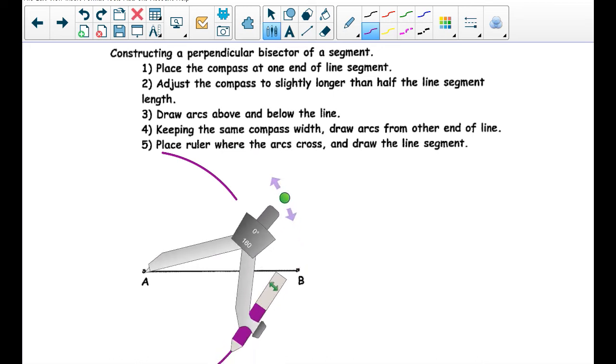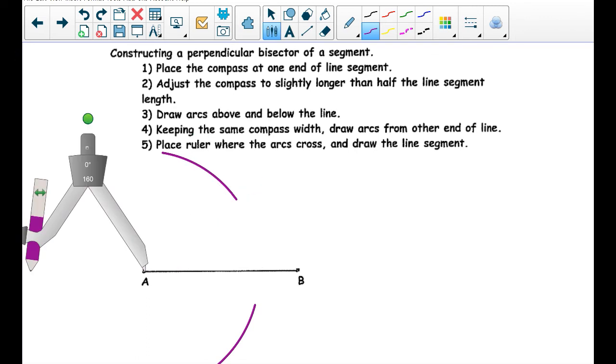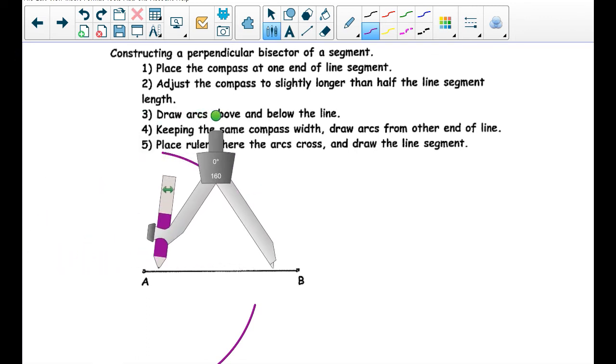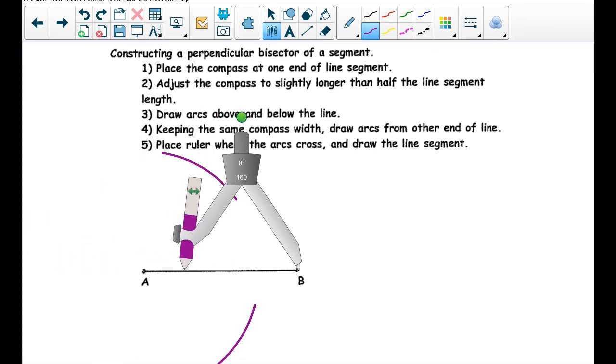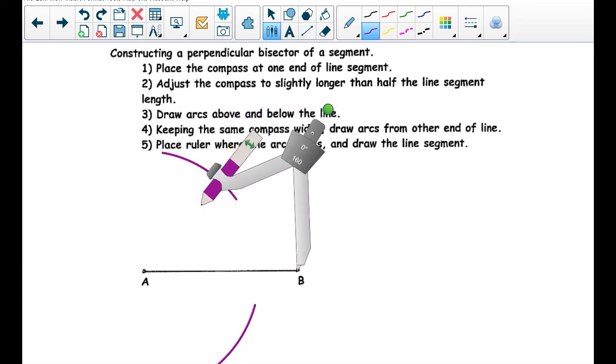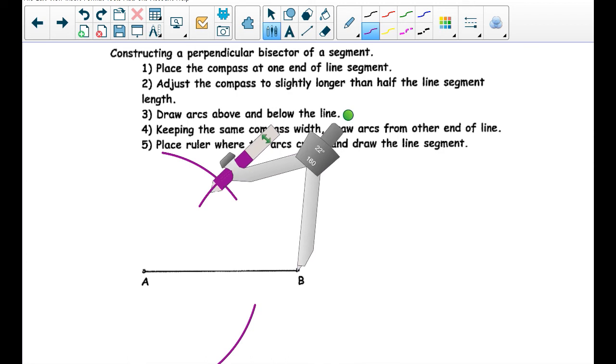Keep the same measure and flip it from the other side. Same thing. Now I'm looking for this intersection point.